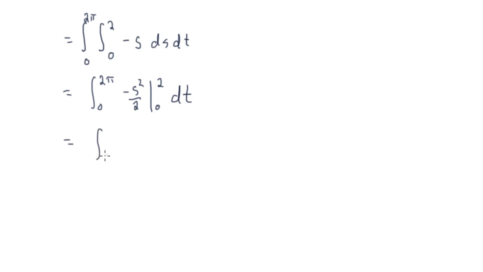So that's just going to be negative 4 over 2, so negative 2. And then this is just negative 2 times 2 pi, so negative 4 pi is equal to the value of that line integral. And we evaluated it using Stokes' theorem. We converted the line integral to a surface integral of the curl and found that the value is negative 4 pi.